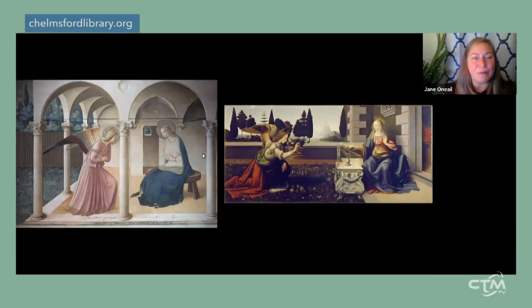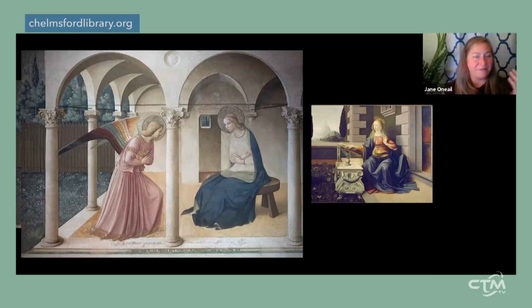I'd like to show you a prominent example of an Annunciation scene from Italy in the 1400s, so just prior to Da Vinci. This is Fra Angelico's Annunciation scene. And there are some constants here, right? There's the angel and Mary dynamic. The other important element is that Mary is oftentimes depicted as being in an enclosed garden.